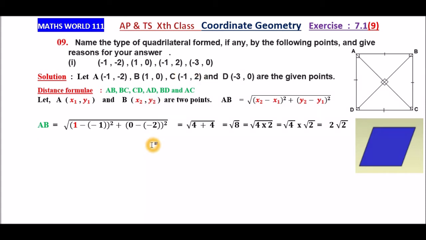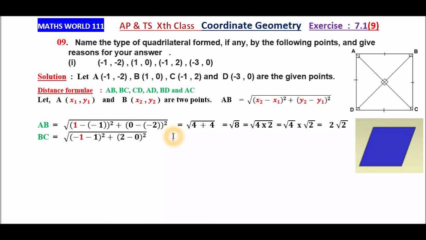So BC is equal to square root of, simply substitute these values. (x2 minus x1), (-1 minus 1) whole square, plus (y2 minus y1) whole square, (2 minus 0) whole square. So -1 minus 1 is -2. So -2 whole square is -2 into -2, minus into minus plus, 2 into 2, 4. So here we get 4. And 2 minus 0 is 2.